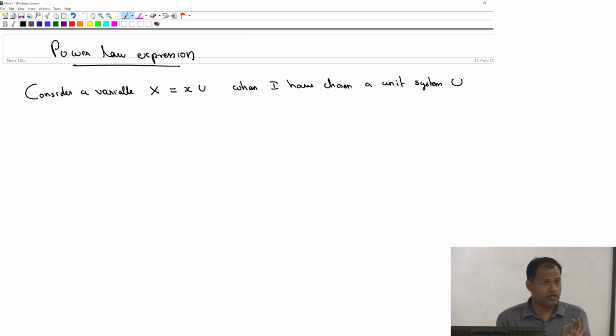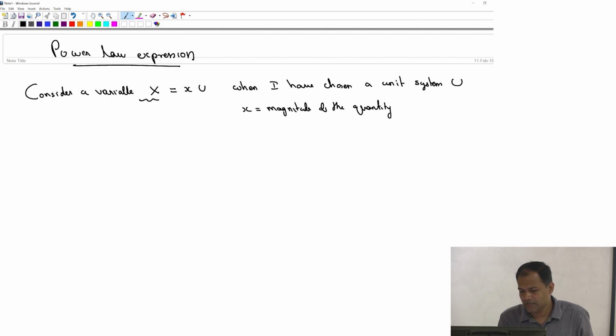I have chosen a unit system u in which x is some variable, and the small x is therefore the magnitude of that quantity. Okay, x is some physical variable. For example, it's like F is equal to 10 Newton, force is equal to 10 Newton. That's all what I have written, but in a general form.